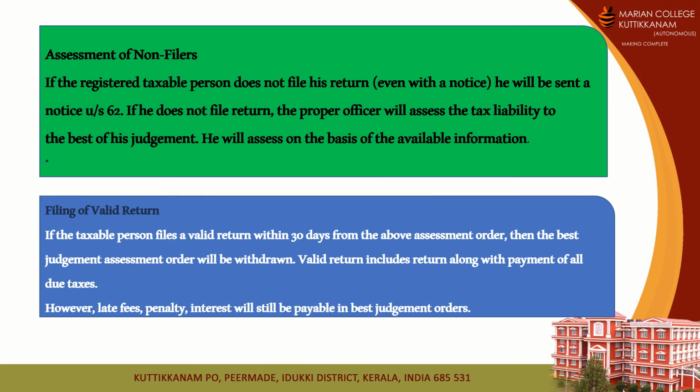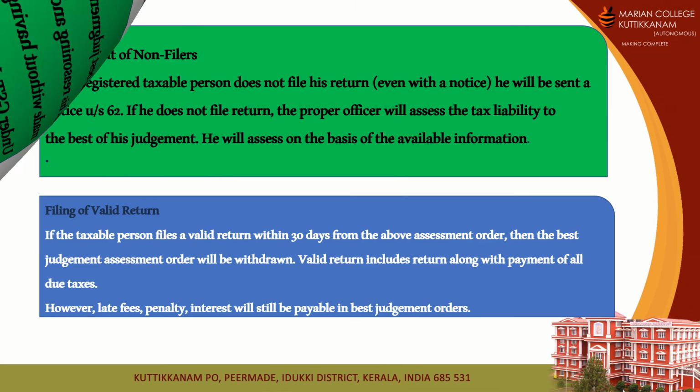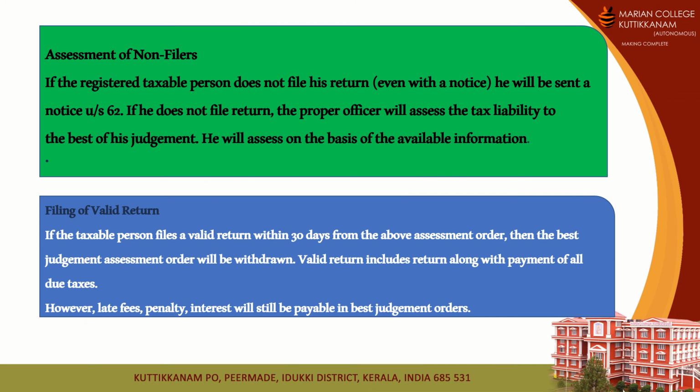So I already mentioned that there are two situations where best judgment assessment is done. First situation was when a taxable person has not filed a return. So assessment of non-filers, how it is done, we can discuss that.